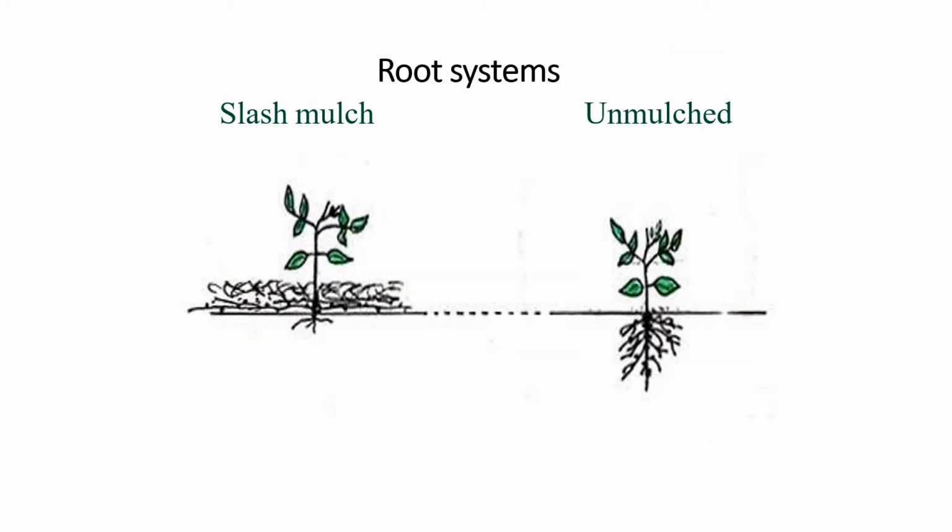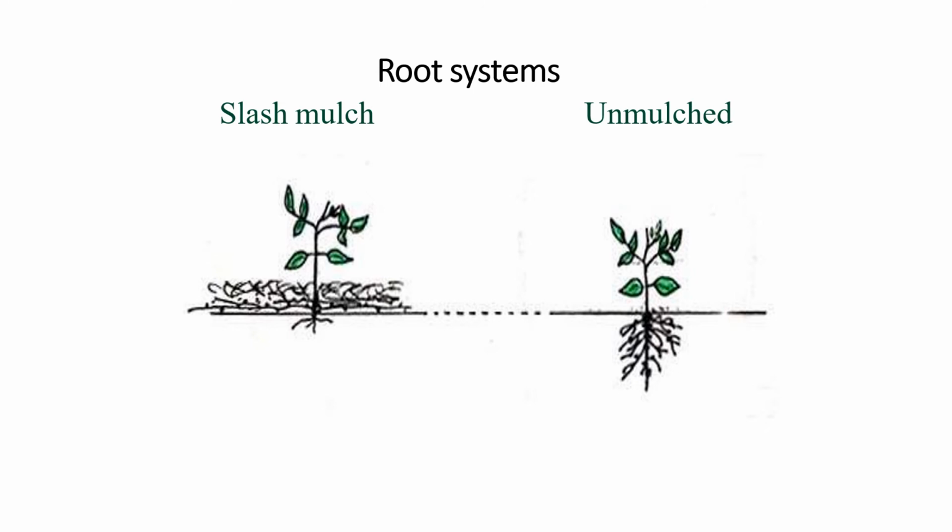So in this slide you can see the root systems which are shown clearly. Now first, the mulch root system, it is of a different type. You can see clearly in the picture the roots are not very deep. They are not going deep into the earth.